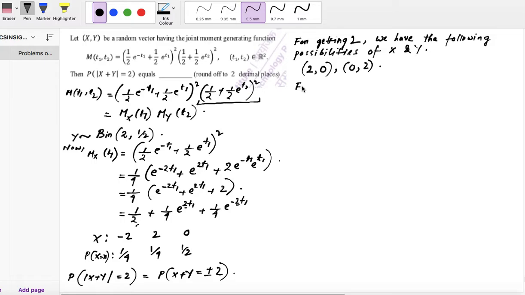Now for getting minus 2, we have the following possibilities.